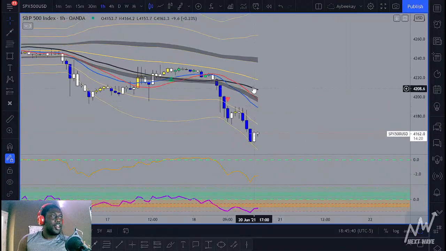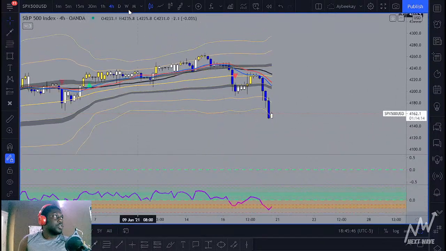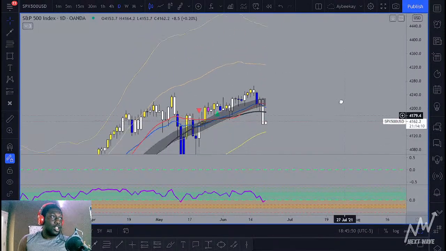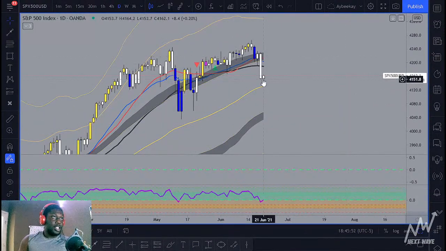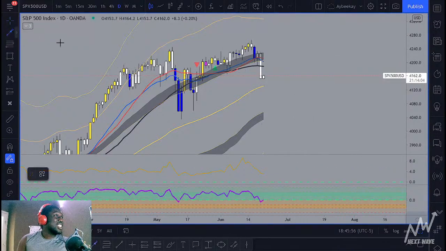1 hour time frame, very much overextended. I wouldn't even try to play that. 4 hour time frame, out of bounds, it's probably going to start to retrace. Daily time frame is probably going to call a sell in the next day or two. But it's kind of the same, you just have to watch out for stuff like this.